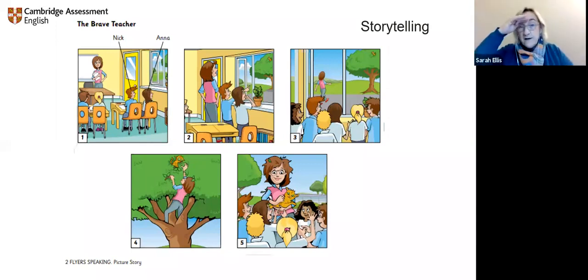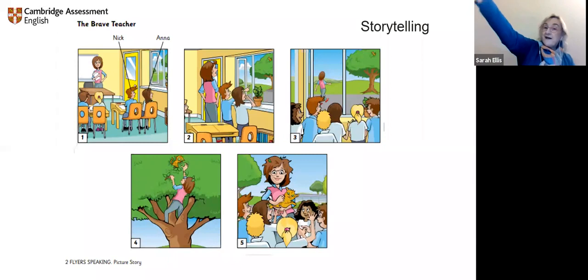So the children looked out the window, they saw a cat in the tree, and if you repeat the story several times using the actions, then ask them to tell the story, they're getting a model, and also they're listening to you, they're getting involved in the story, and it certainly doesn't feel like an exam task.